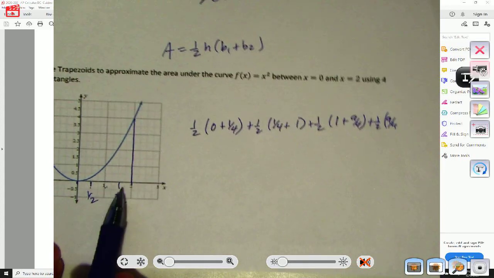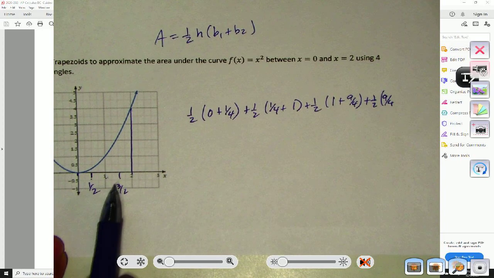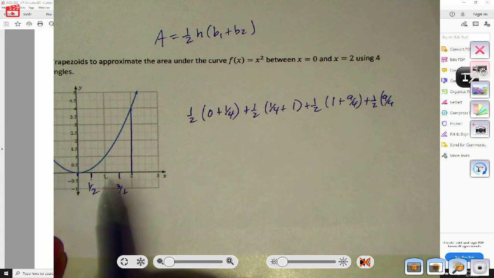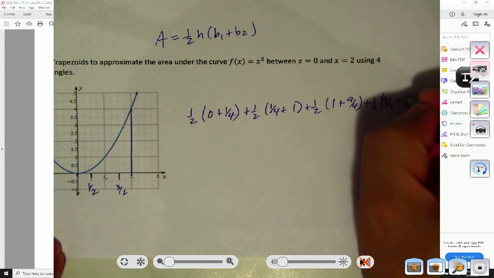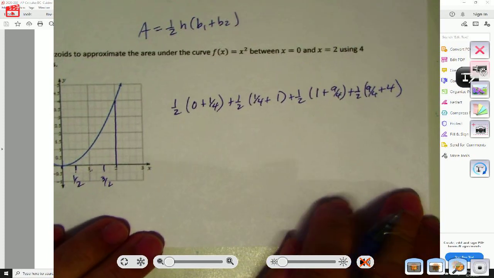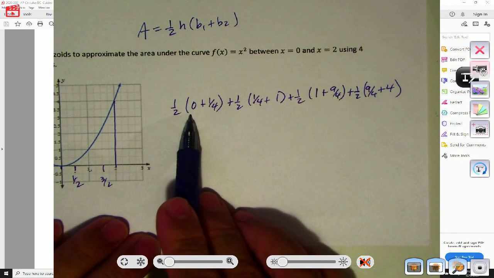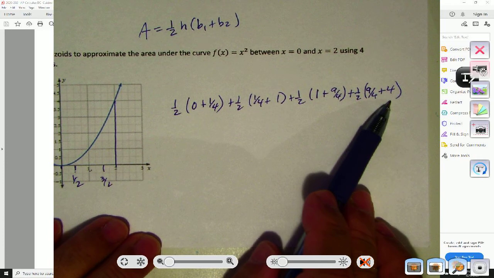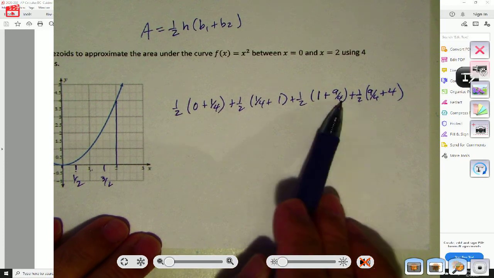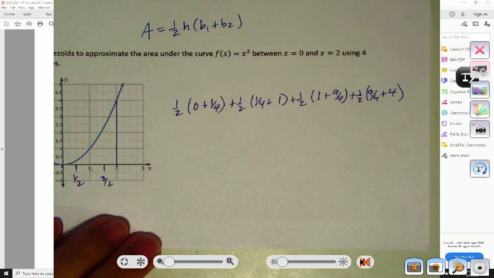So the last subinterval we're using, the left endpoint is at 3/2, okay, so that's where the 9/4 comes from, and then plus 2 squared is 4. All right, what I want you to notice here is that the far left endpoint is used once, the far right endpoint is used once, and everything in between is used twice. Okay, that's a pattern I want you to recognize.